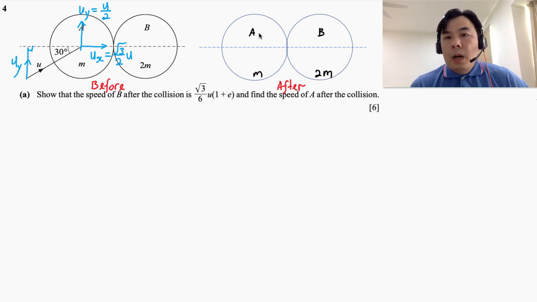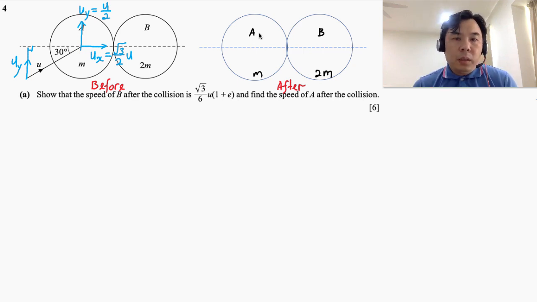The vertical component would not change, because the main impulse involved in this oblique collision is the horizontal impulse. And then assuming that the surface of the sphere is smooth, therefore there is no vertical impulse here.